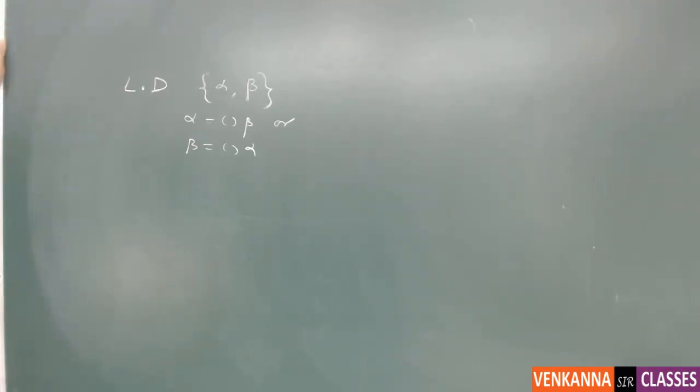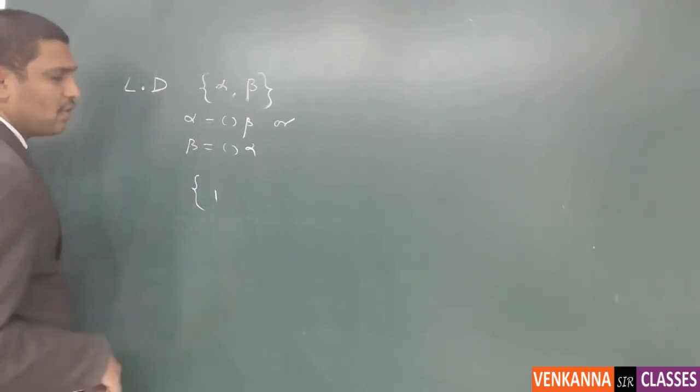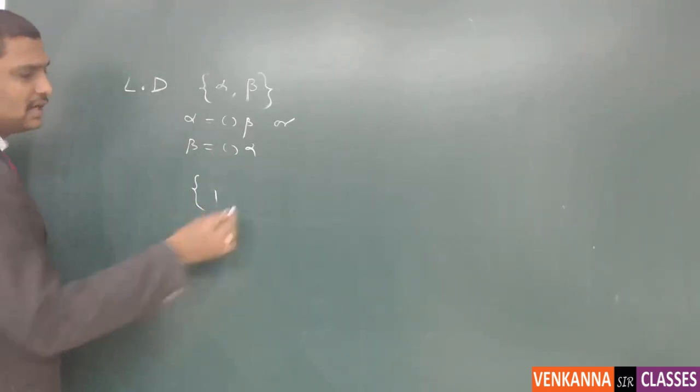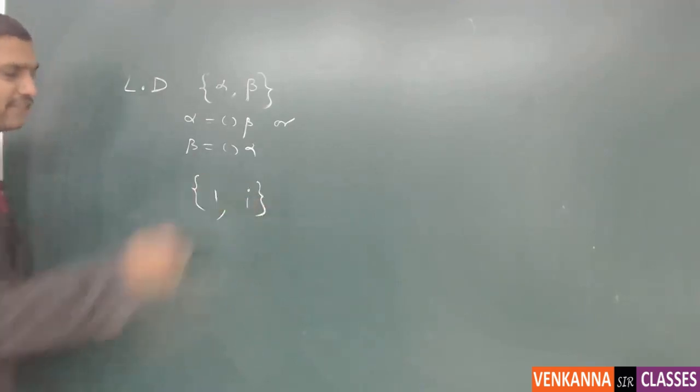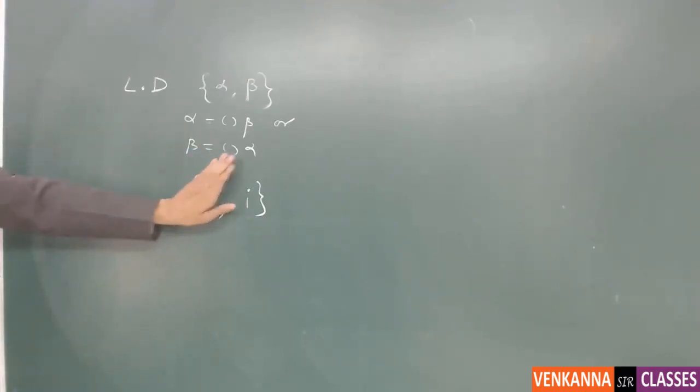Now, I am taking a small example: a set having 1 as a vector and i as another vector. Please understand that I have taken one-dimensional vectors where there is only one coordinate. This is one vector and this is one vector.